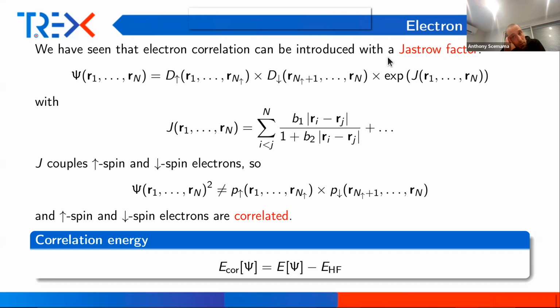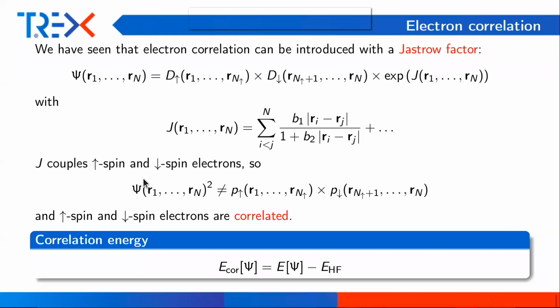when we were doing QMC, we were multiplying it by a Jastrow factor here. And the Jastrow factor contained terms in which you had electrons of different spins appearing. So the J here was coupling upspin with downspin electrons.